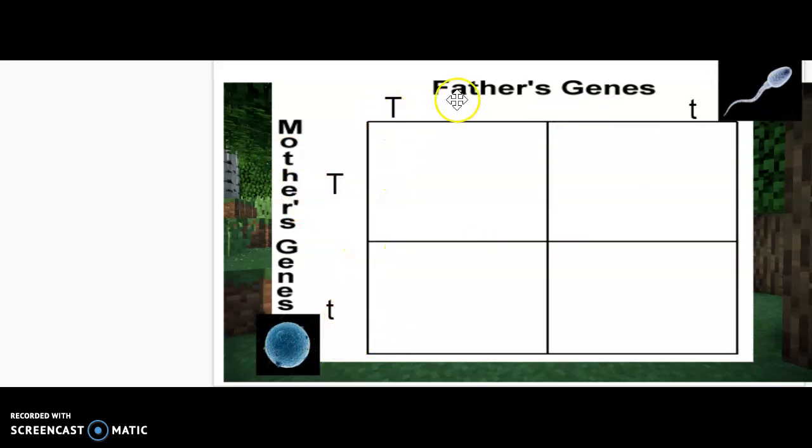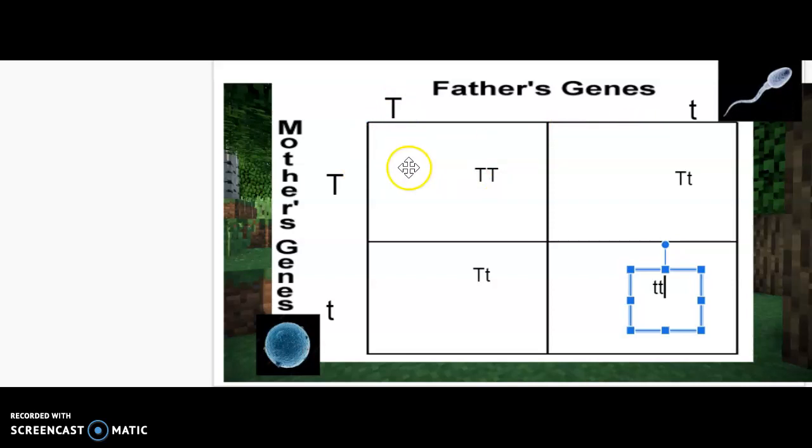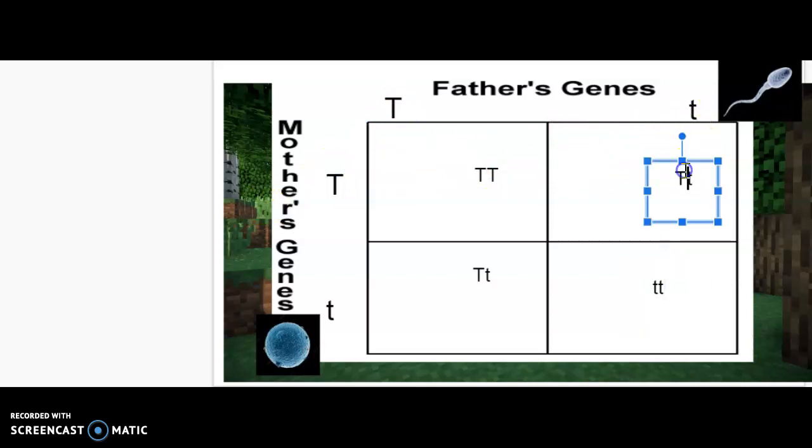And we see now that this father would be white, and this mother would be white, but if we do the cross like we just did, big T by big T gives you big T, big T, that's pure line dominant. Big T by little t gives you this, which is hybrid. Big T, little t gives you this, hybrid. And then little t by little t gives you this, which is pure line recessive.